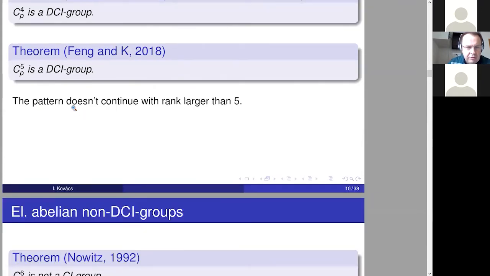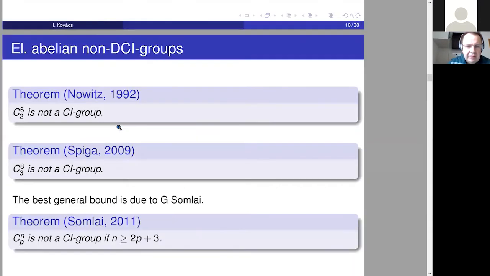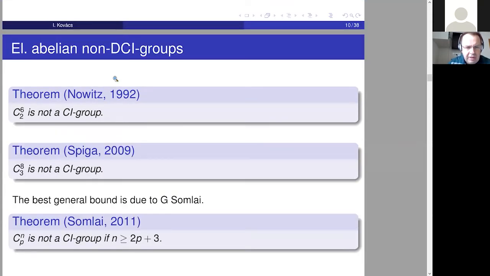Unfortunately, or I don't know, the pattern doesn't continue if the rank is larger than 5. First, Nowitz constructed a Cayley graph over the elementary abelian group C2 to the 6 and showed that this is not a CI graph or not a CI subset. And that shows that this group is not a CI group.